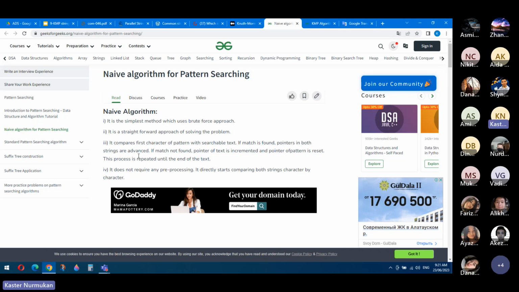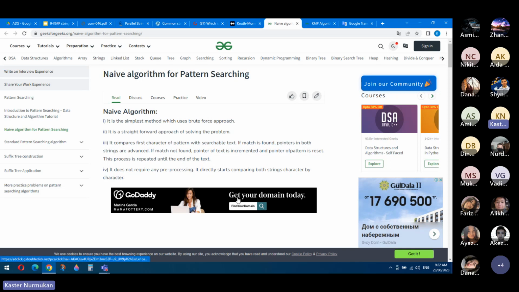KMP gains m plus n time complexity, which approximately is linear time complexity. It's way better than quadratic time.